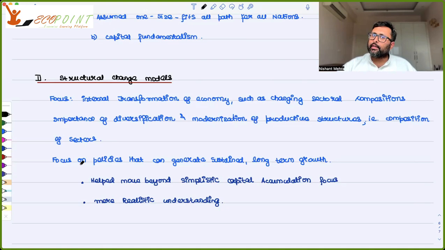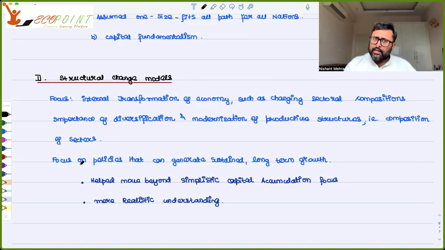Unless one sector is modernized enough, why will people move from the subsistence sector to the modern sector? The modern sector should also give them better wages, so that there is enough incentive for them to move from the subsistence sector to the modern sector, from the rural sector to the urban sector.